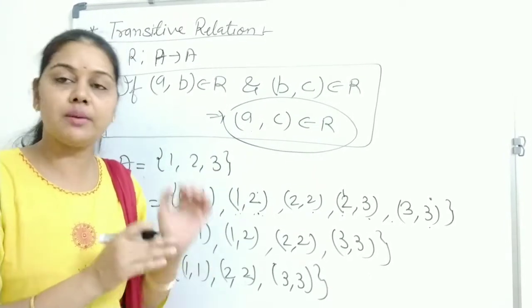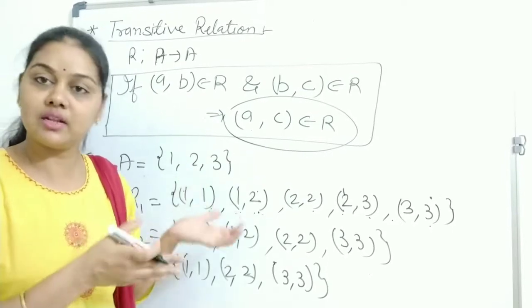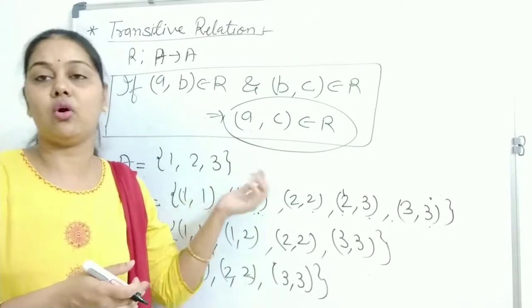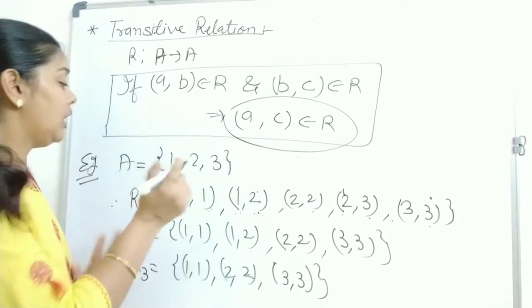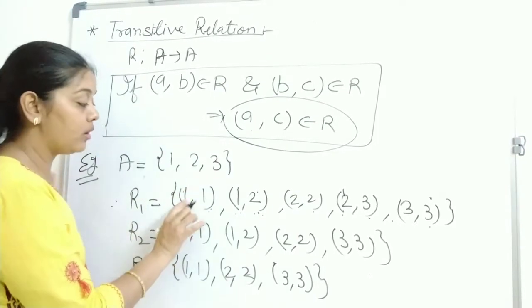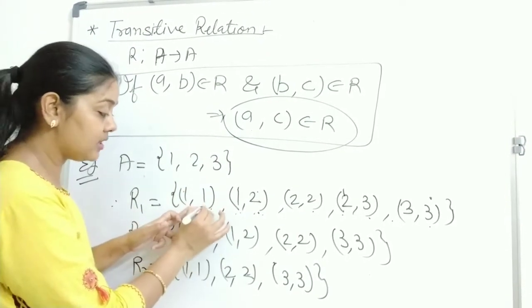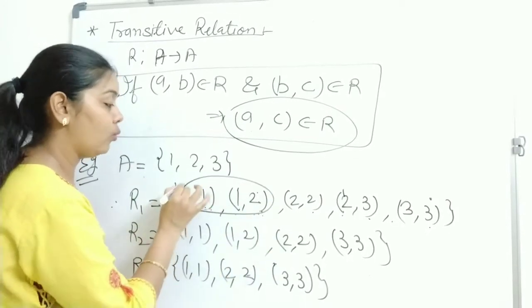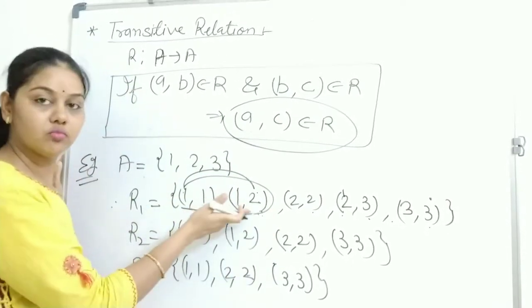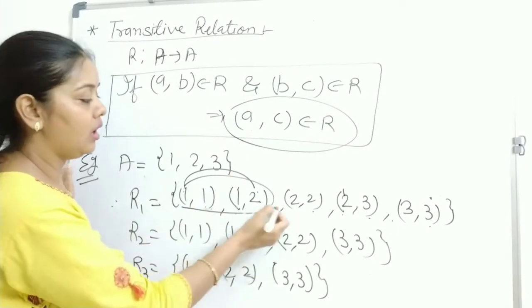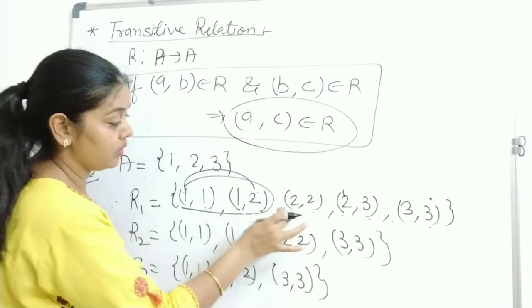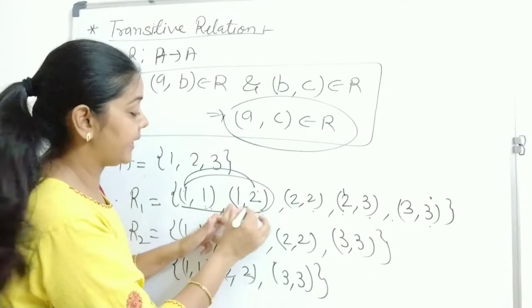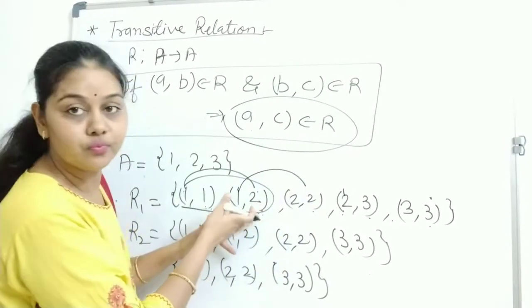And if each element of this relation satisfies this condition, then that will be called a transitive relation. Look at this: 1 is related with 1, and again 1 is related with 2. Now in this pair, 1 is again related with 2, which I already have. 1 is related with 2, 2 is related with 2, and again 1 is related with 2, that I already have.